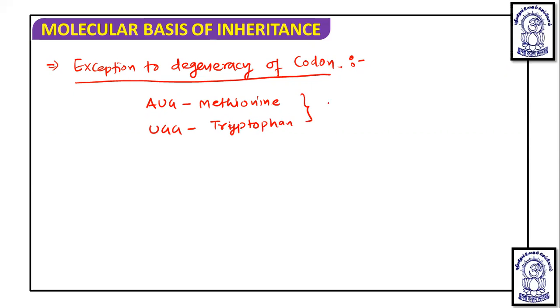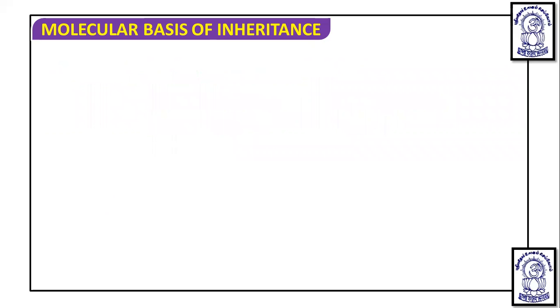And these both codons are known as non-degenerate codons. Okay, so this is the particular thing which is seen. And one more property is the comma-less nature, because it is read without punctuation.